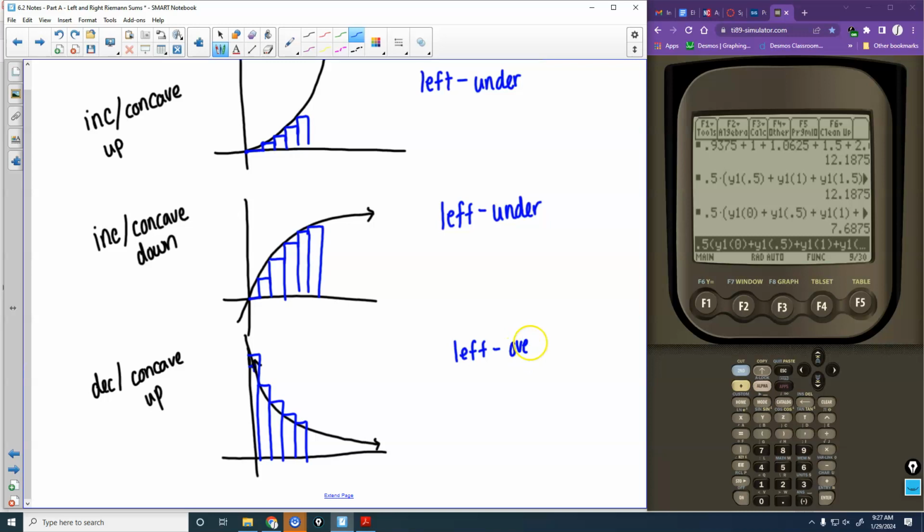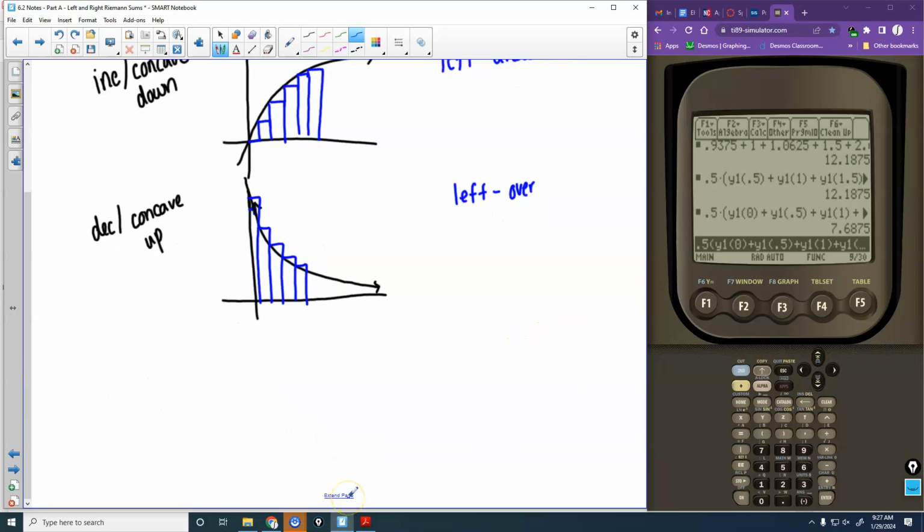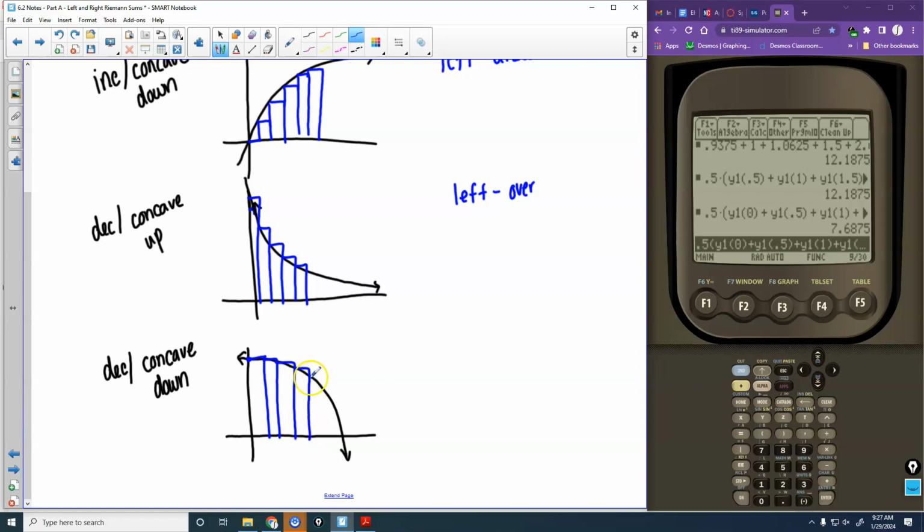That's over. And if I have decreasing concave down, so decreasing and concave down would look like this. If I do a left endpoint here, also an overestimate.